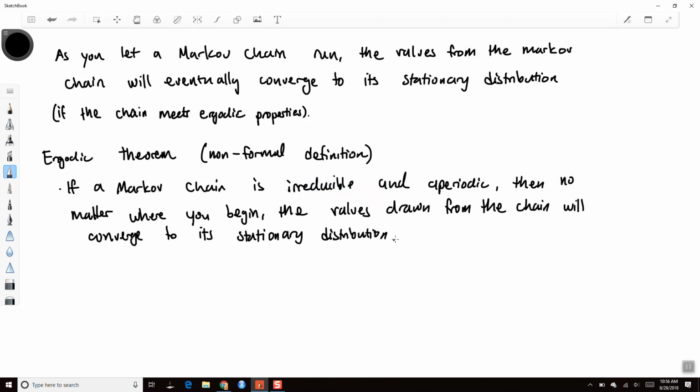Okay, irreducible means you can get to any state from any other state.